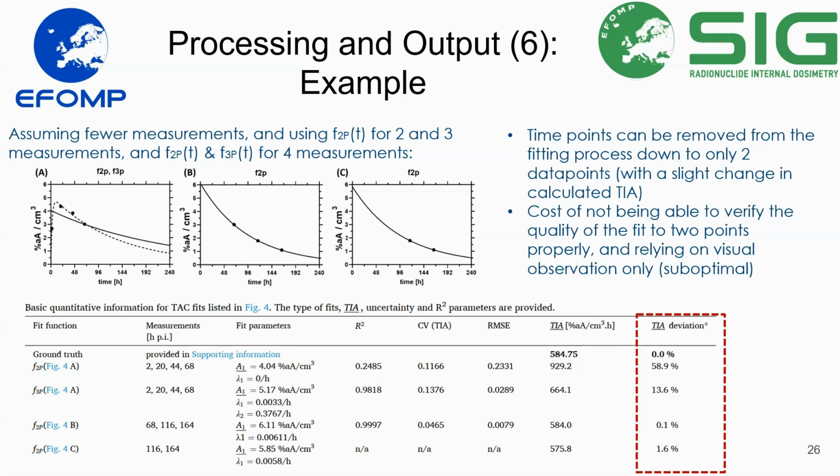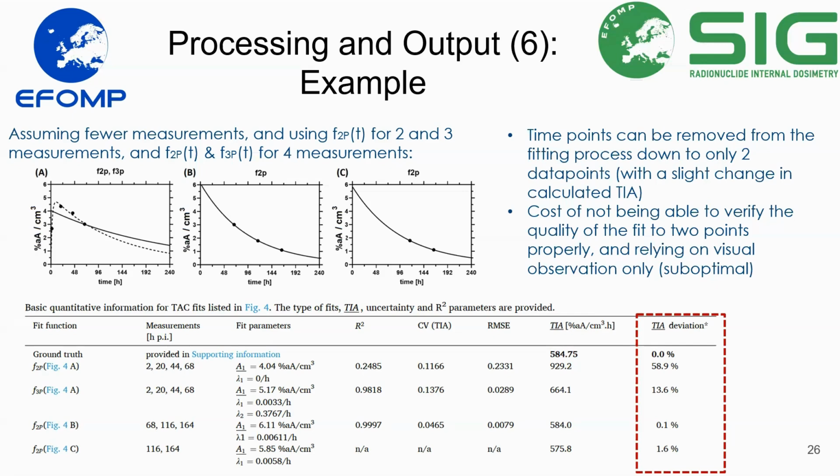And the cost is not being able to verify the quality of the fit to 2 points properly and relying on visual observation only. Because again, based on the objective function equation and also the uncertainty calculation, we have a rule that n minus q should be higher than 0, right?